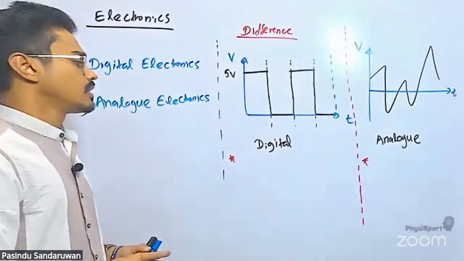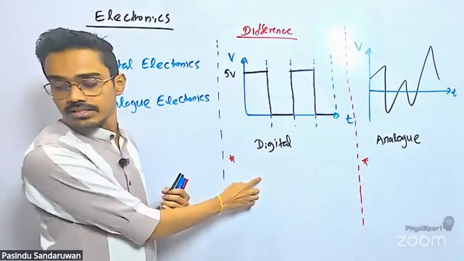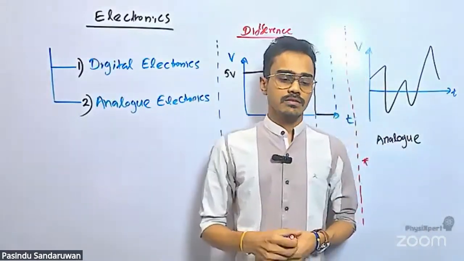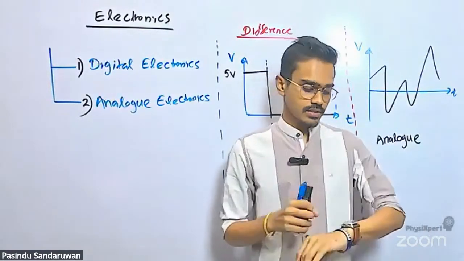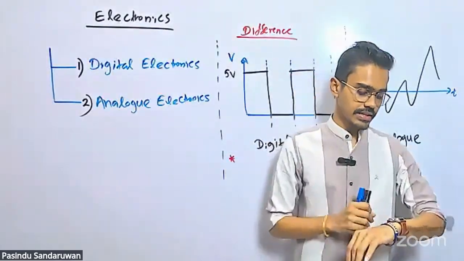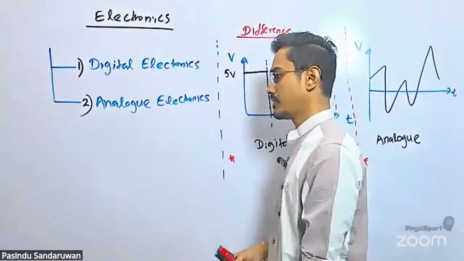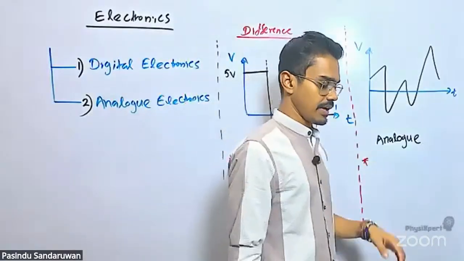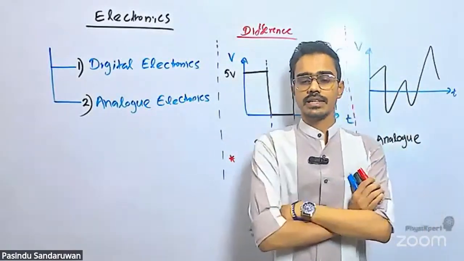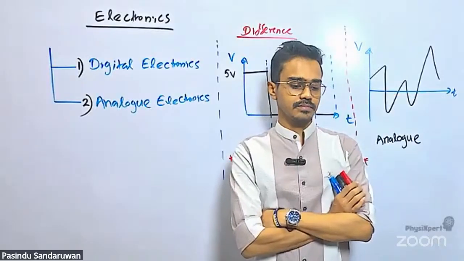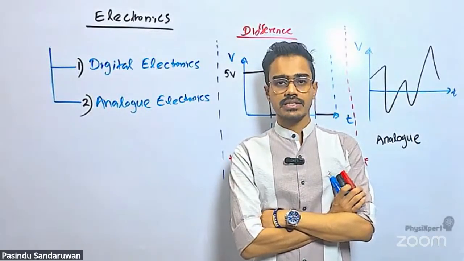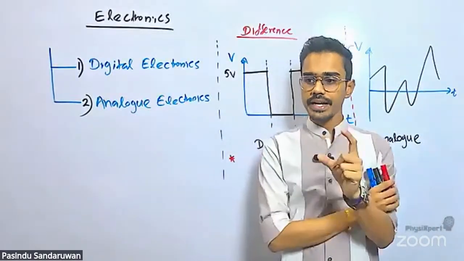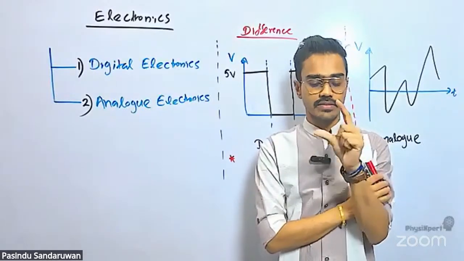Finished? Under digital, write down: voltage of digital circuits can be varied only in two values. The word is very important.